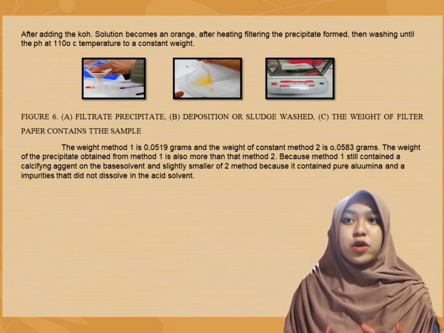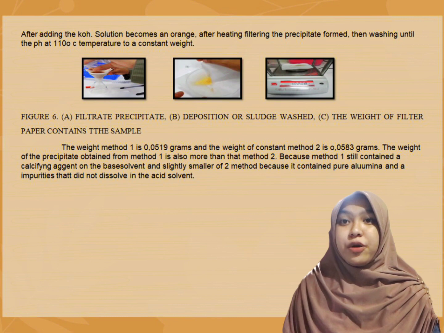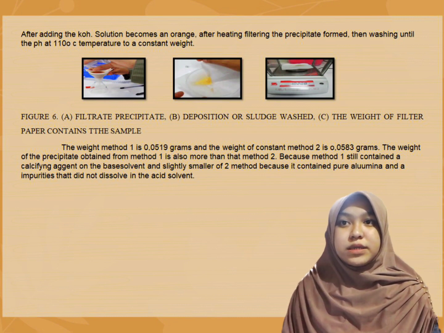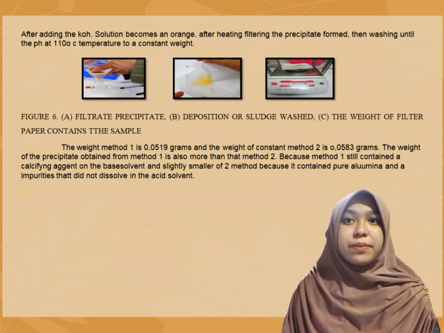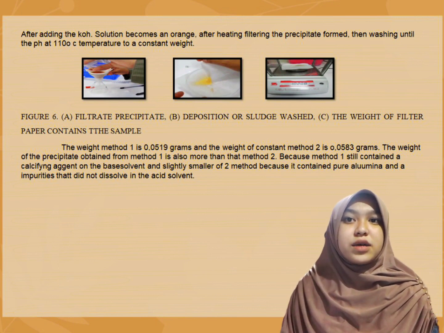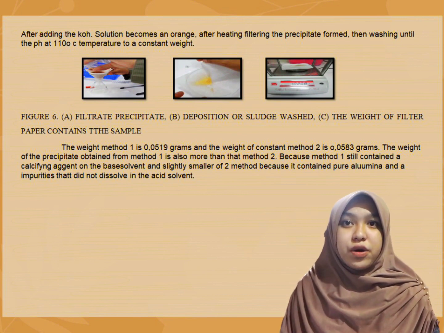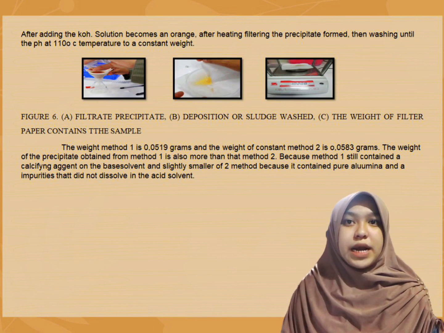The constant weight of method 1 is 0.05119 grams, and the constant weight of method 2 is 0.0583 grams.